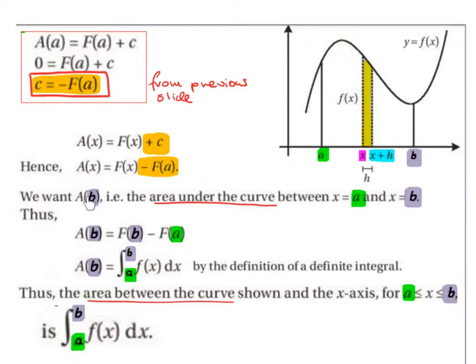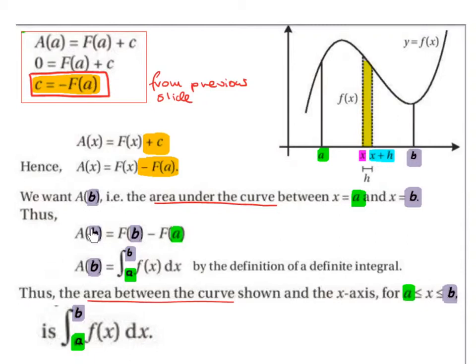So we want A of b, so b is over here, i.e. the area under the curve between a and b. So if A of x equals F of x minus F of a, then A of b equals F of b minus F of a. So basically swapping the x here for b.